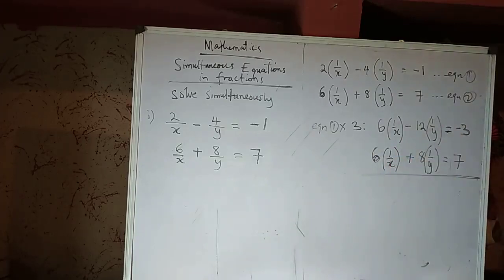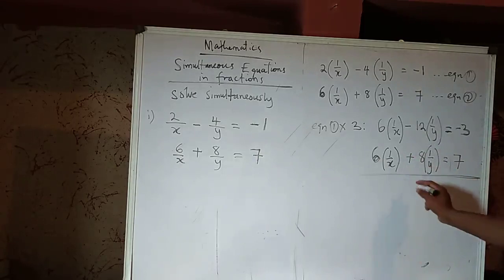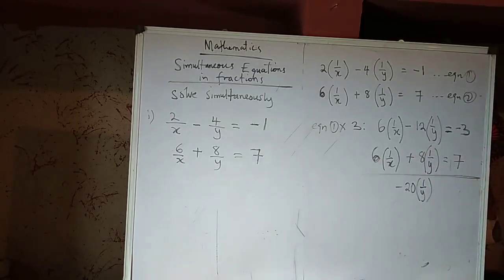And this minus this, minus 12 minus 8 is going to give me minus 20 into 1 over y. Then minus 3 minus 7 will give me minus 10.